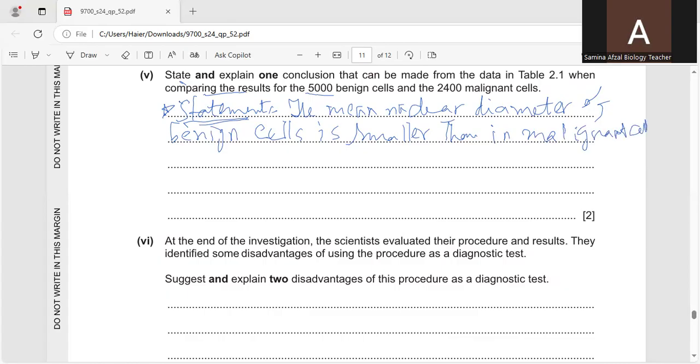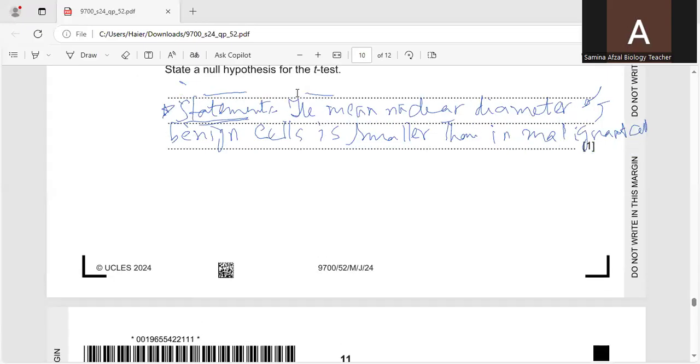And you can also see this. After writing, I will show you. I will take you towards the table. So we can explain this by using our table.